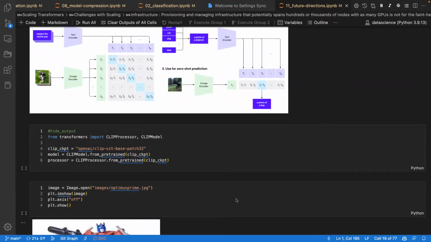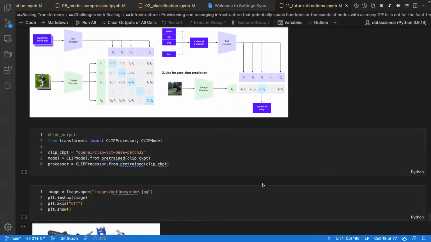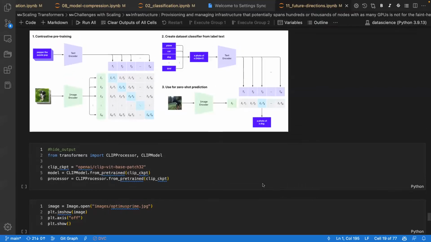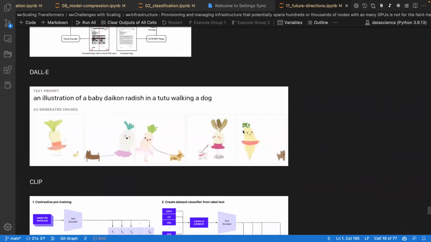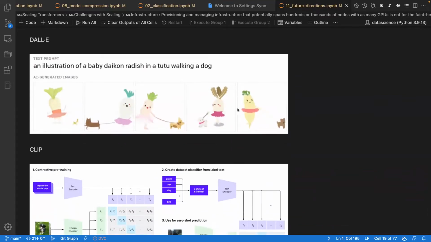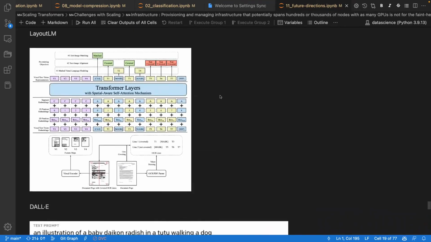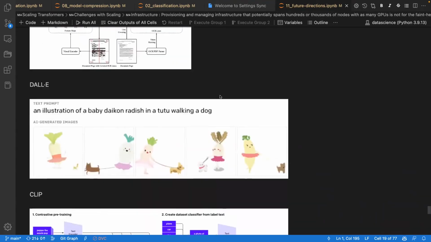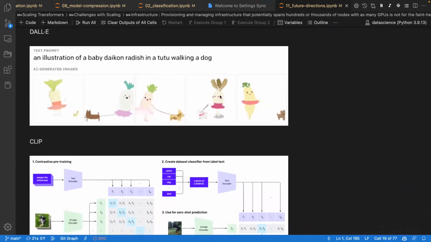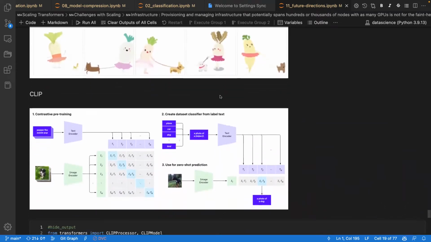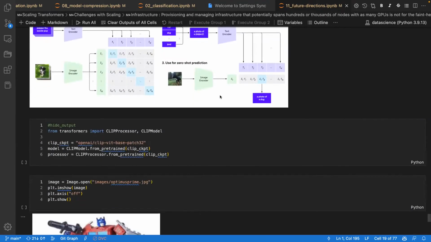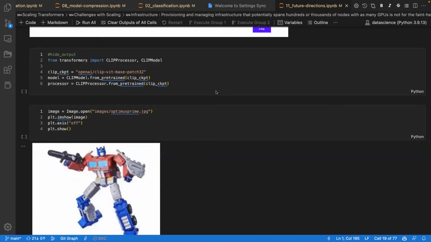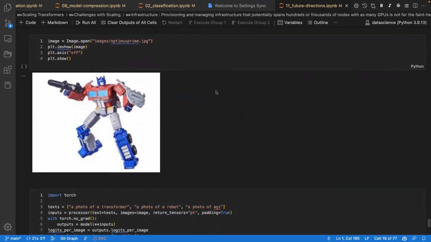Diffusion, which is about this one. This is the last part of the chapter, discussing DALL-E and CLIP, which are basically not about text but about images.